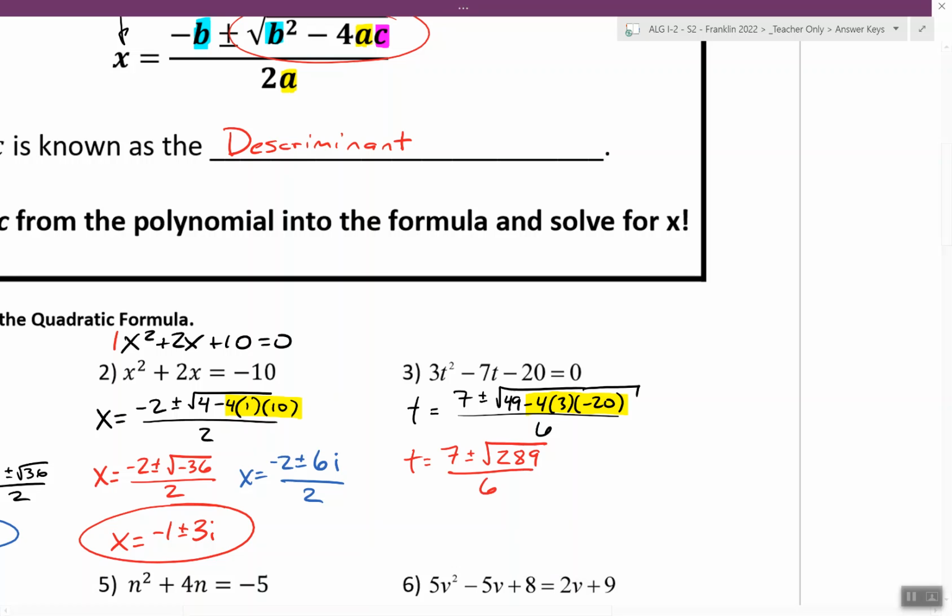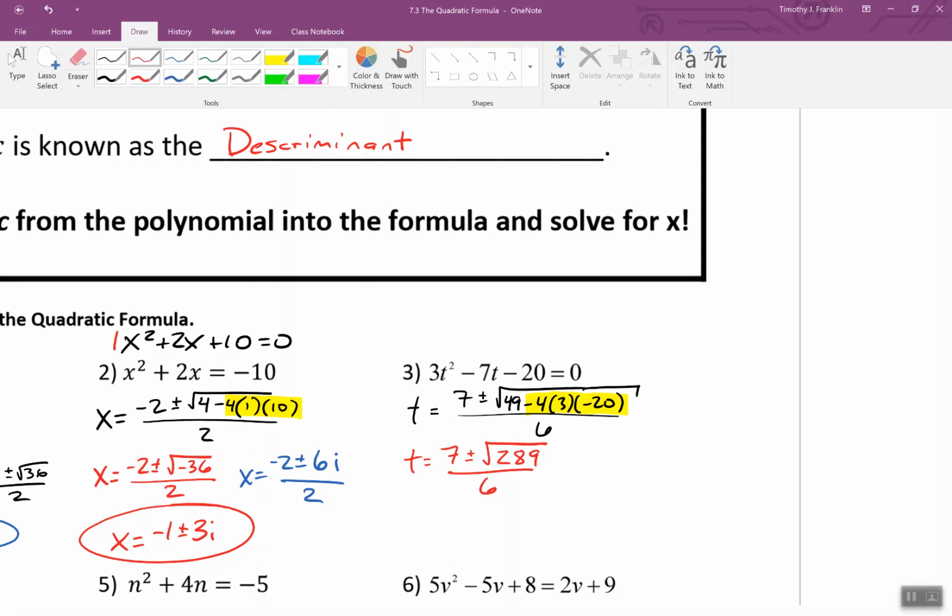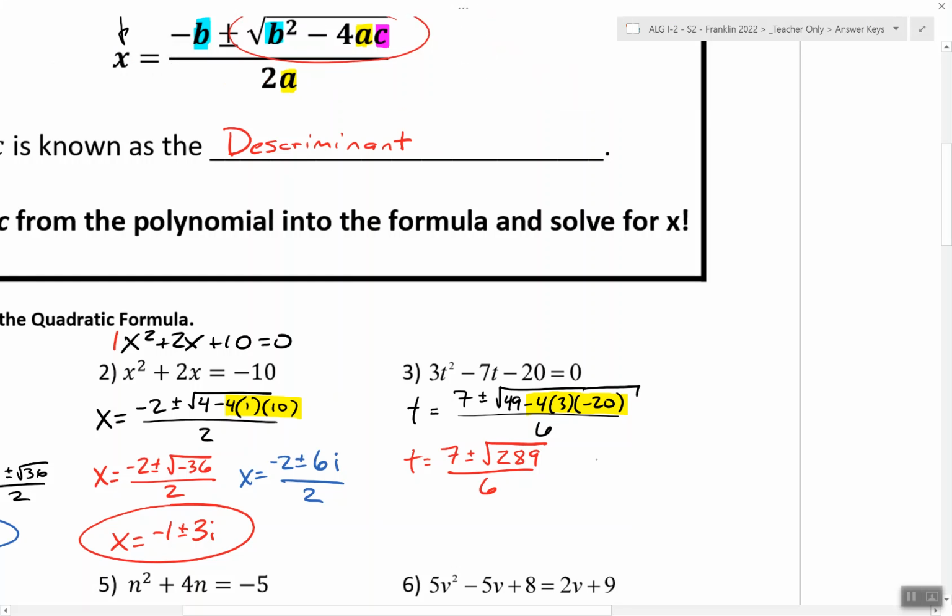Luckily, the square root of 289 is an integer. 289 is a perfect square. And so t equals 7 plus or minus 17 over 6.